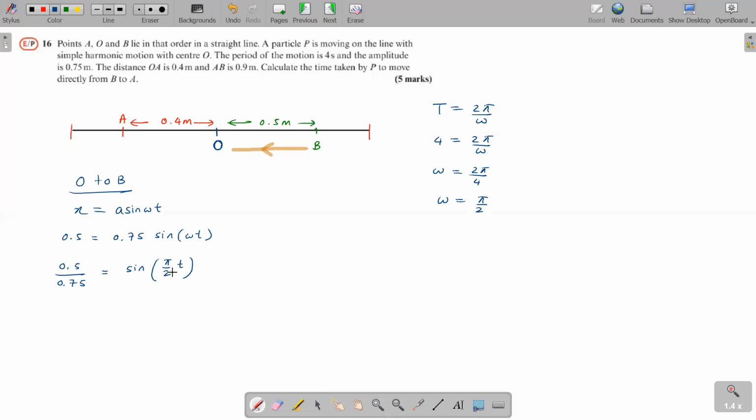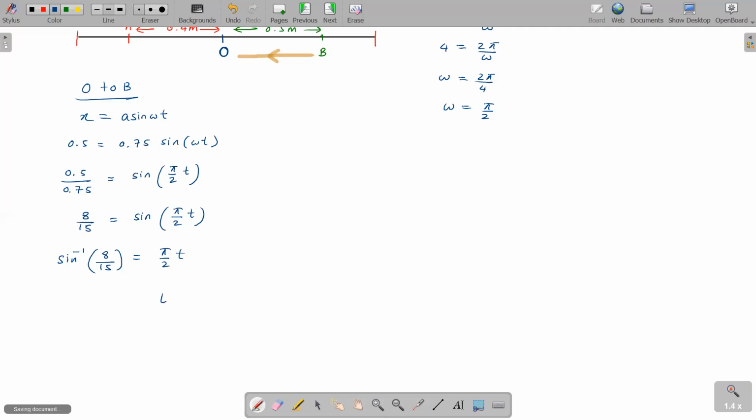0.5 over 0.75 is, sorry, 2 over 3, right?